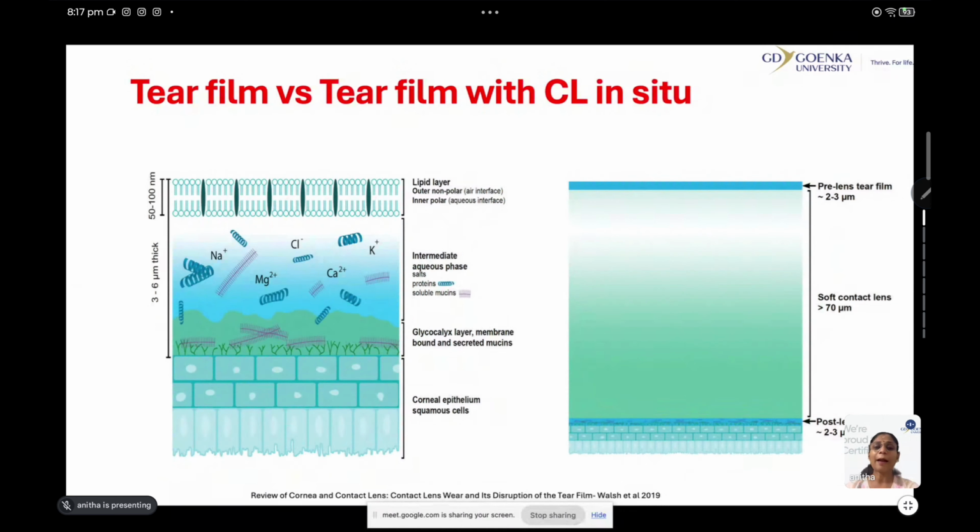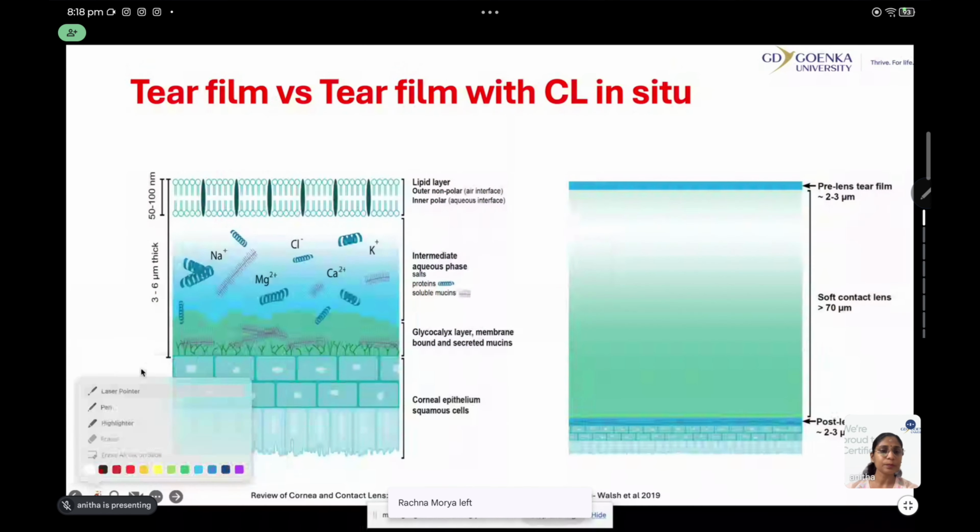So let us see what happens to the tear film without the contact lens and with the contact lens in situ. The left image that you see is the regular tear film, which comprises the lipid layer, the intermediate aqueous layer, and the mucin layer. But when somebody wears a contact lens, say for instance a soft contact lens, you look at this right-hand image. I can use a laser pointer.